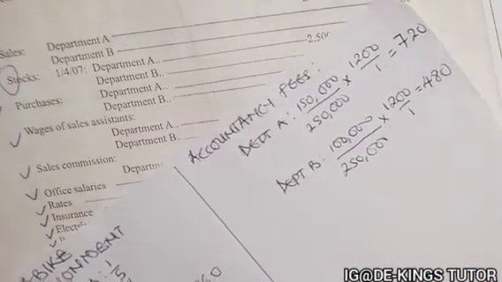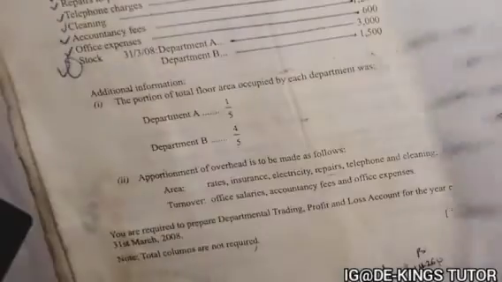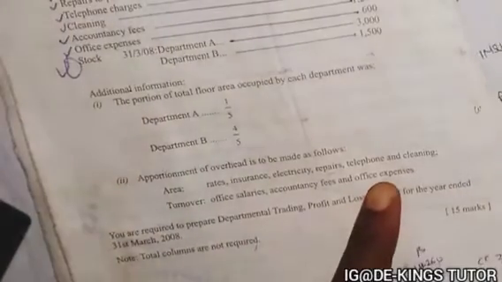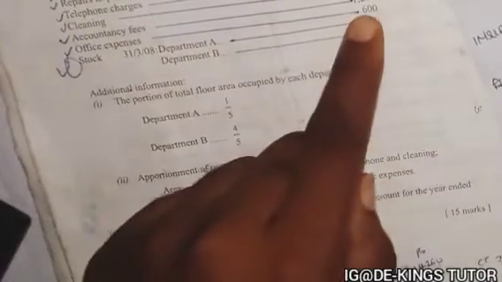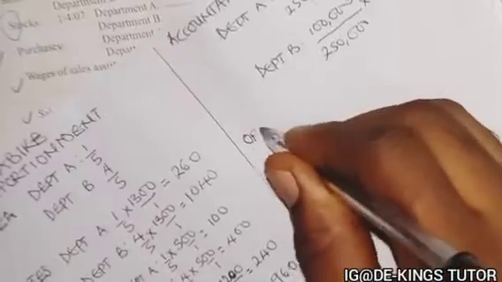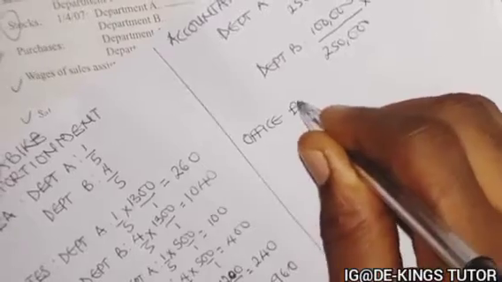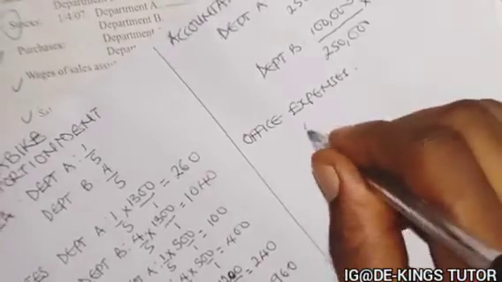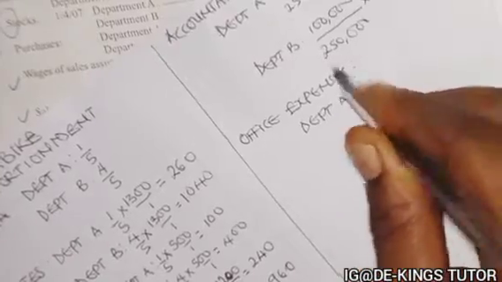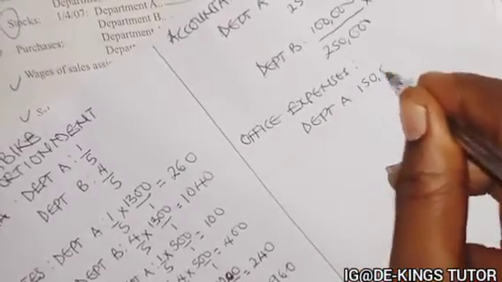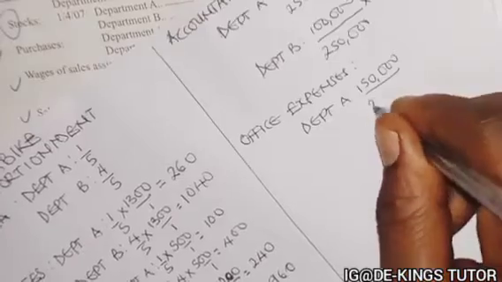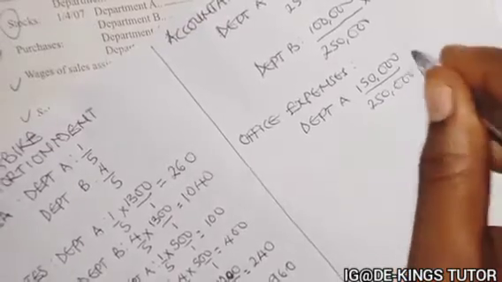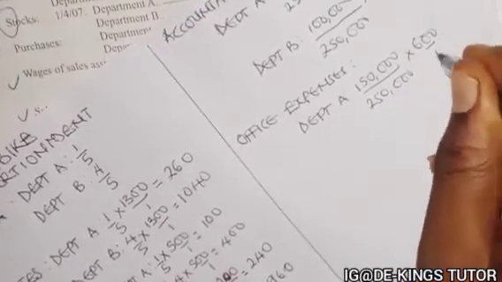The last one will be for office expenses. Office expenses there is 600. So for department A, it is 150,000 divided by 250,000 times 600 over 1.